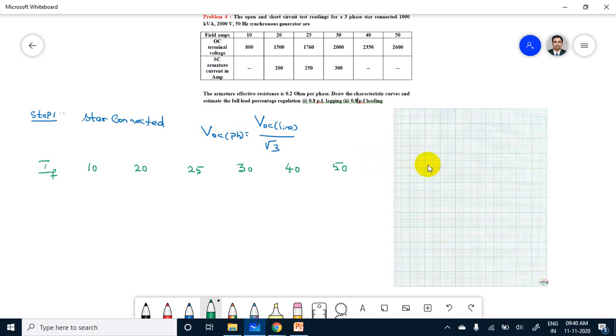Okay, this is our graph. Everybody having graph sheet? Students, you have graph sheet? Yes, sir. Okay, now please take your graph paper and draw a line.